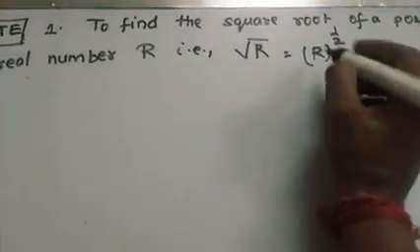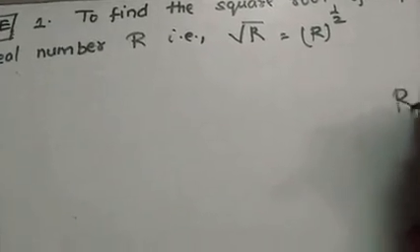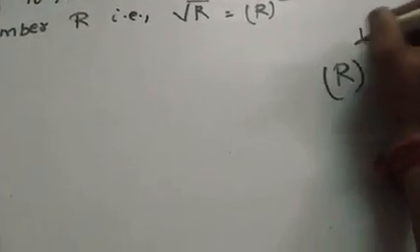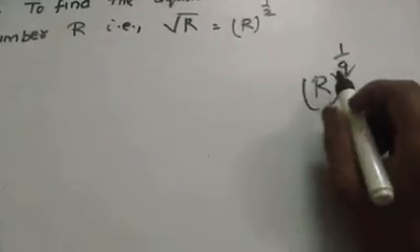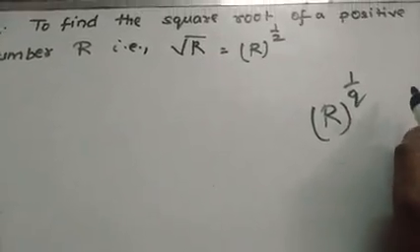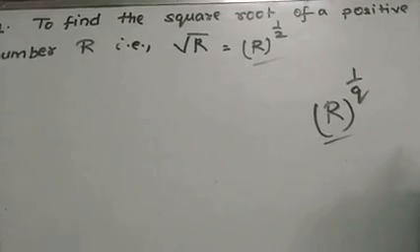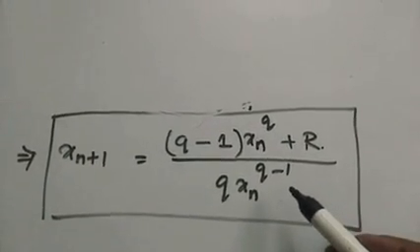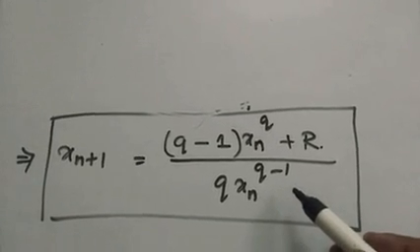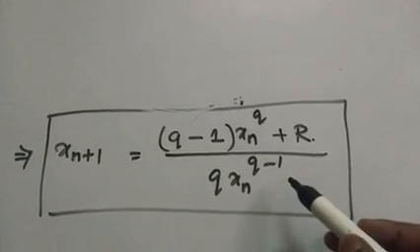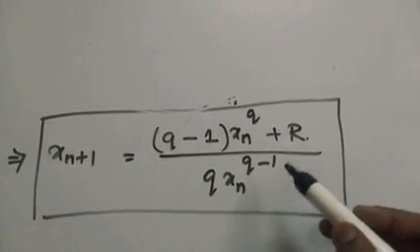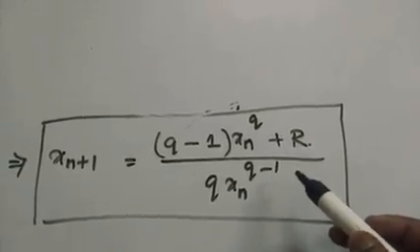So if you compare this particular expression with the main formula expression, what was the main formula expression, r to the power 1 by q. So if you compare this with that, what is the value of q here? 2. So in this main formula for finding the square root of a positive number r, in place of q we are going to put 2.